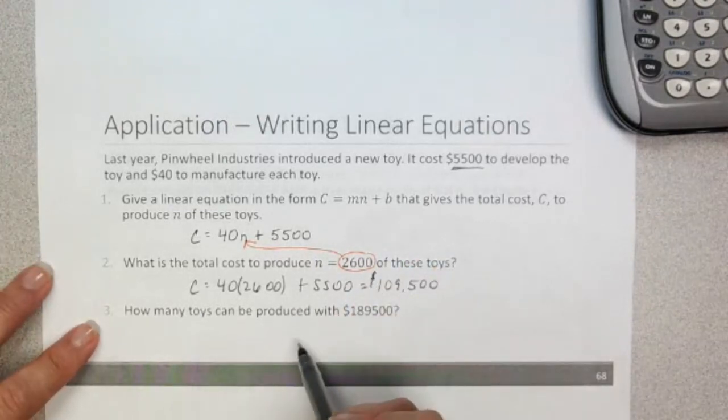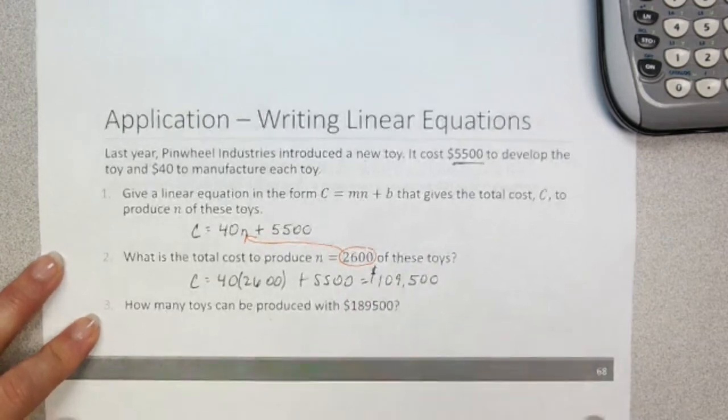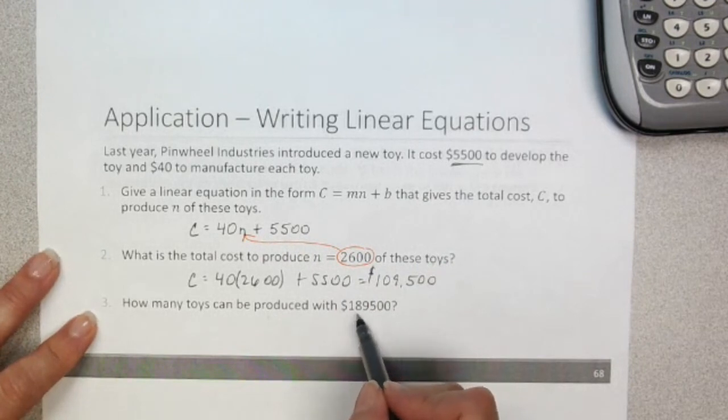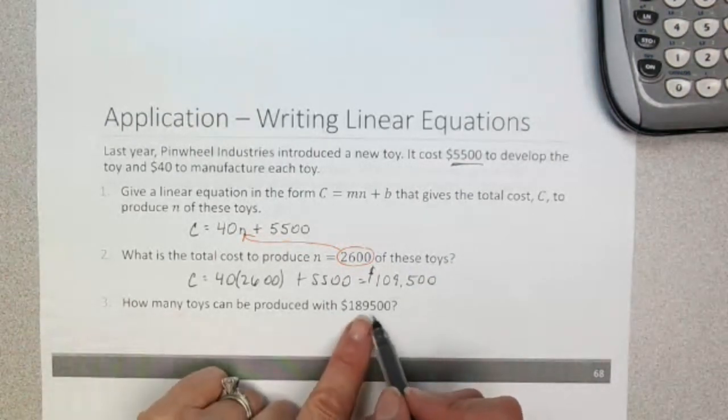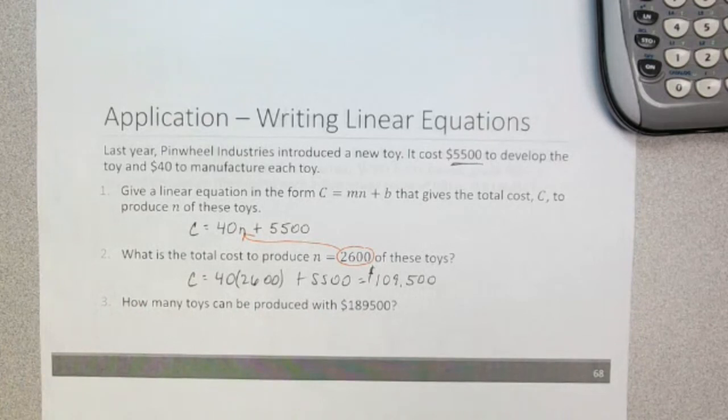Part 3 says how many toys can be produced with $189,500. Okay, so our cost budget here is $189,500. How many toys can we make and not spend $1 more, right? Well, that means that C is equal to the $189,500.